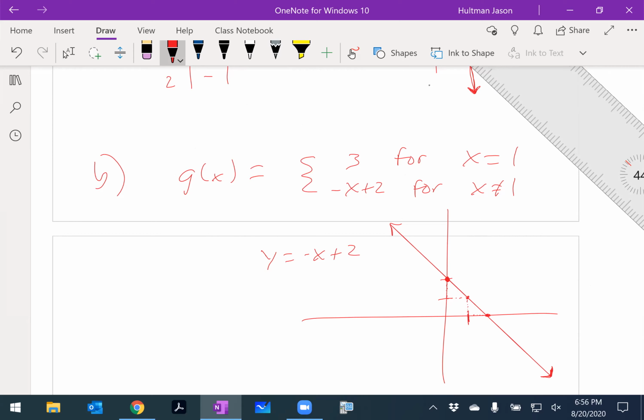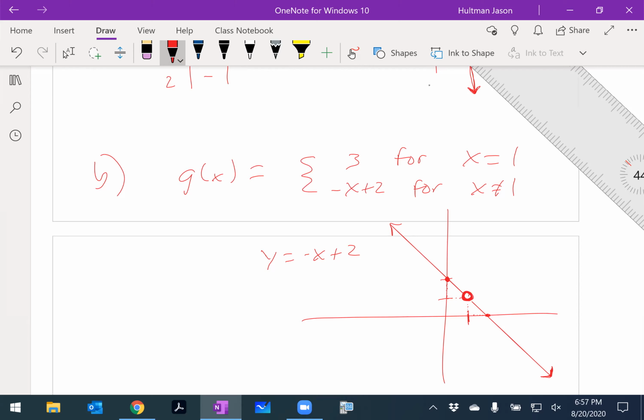So what I'm going to do here is put an open circle. I have a hole right here. It's a hole in my graph. It's a discontinuity.